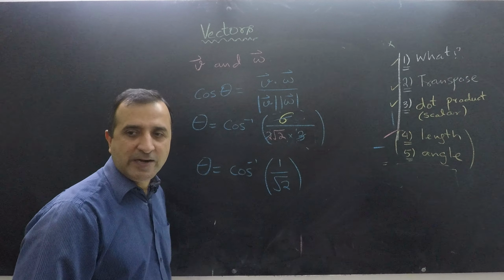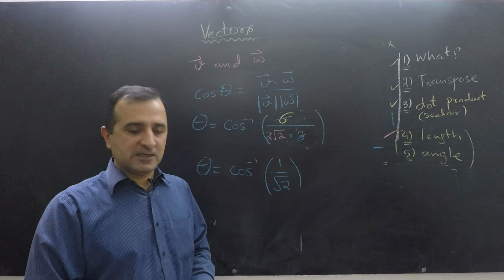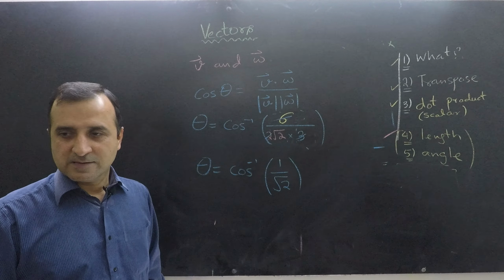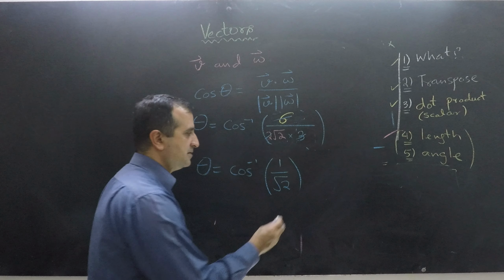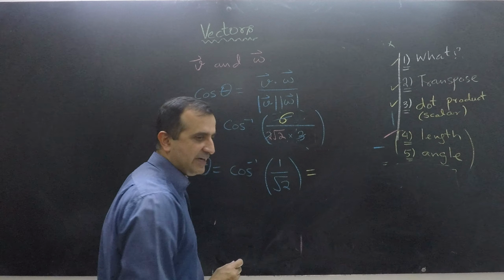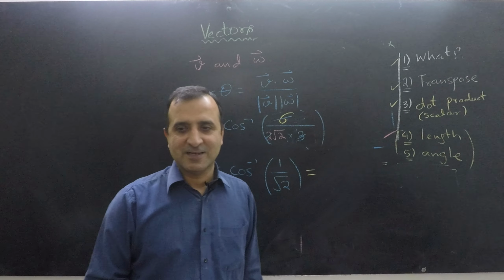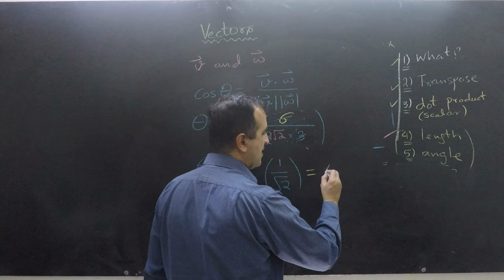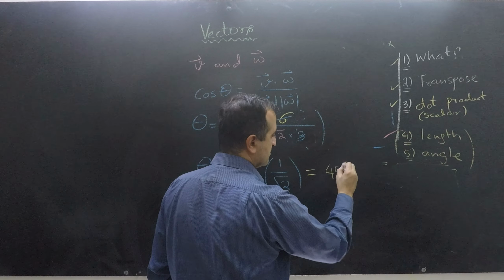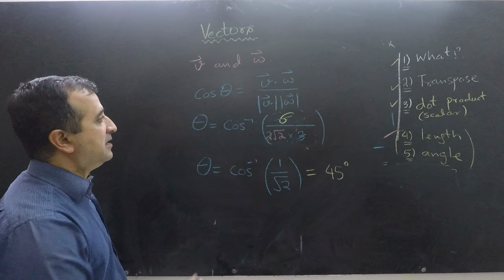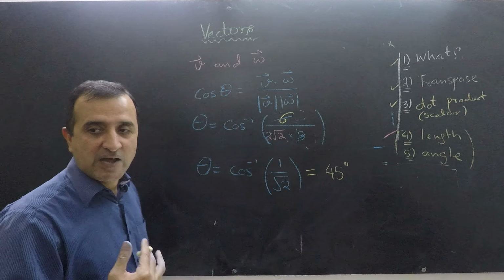And now our calculator guy will tell us what the answer is going to be. One second. So we are in a waiting mode because our calculator guy is calculating. 45. So the answer is 45 degrees. So that means the angle between these two vectors is 45 degrees.